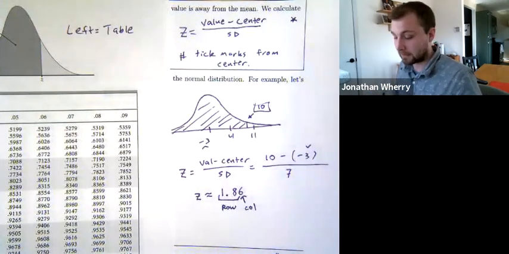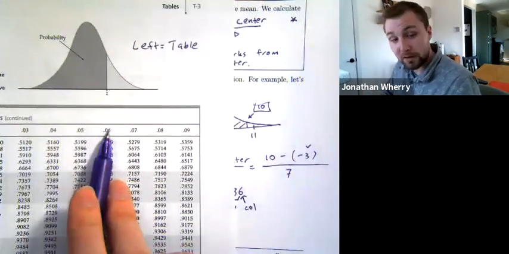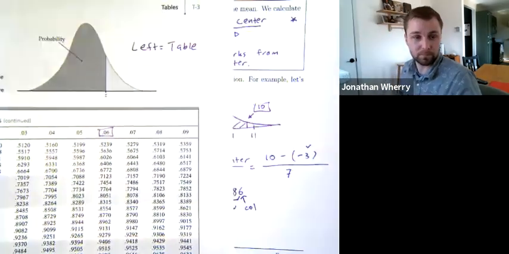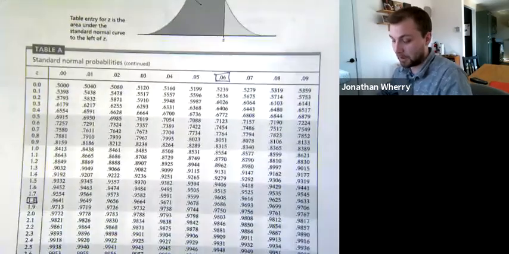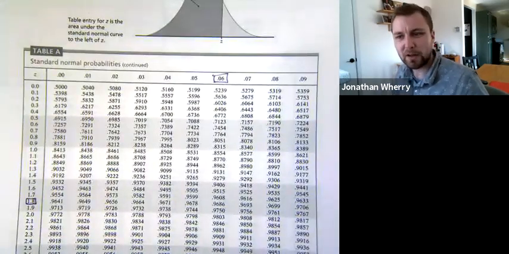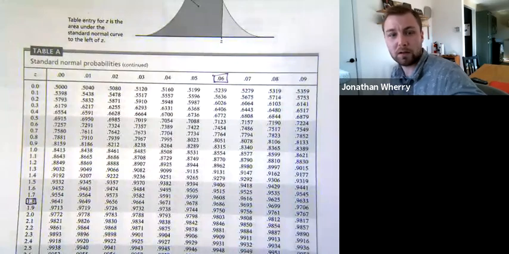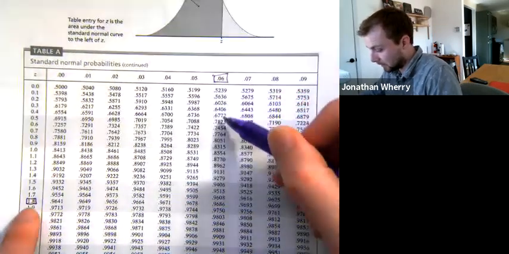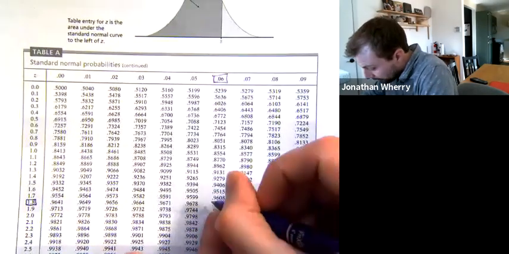I'm going to be in the 6th column. So I see that here already, 6th column. And now I'm going to look at my grid, and I'm going to try to find where the 1.8 row meets that 6th column. So 1.8 meets the 6.